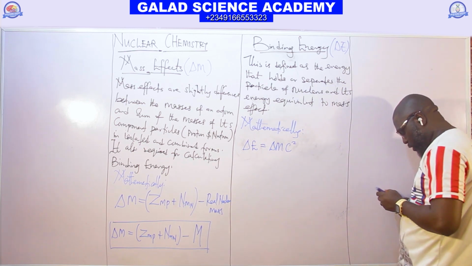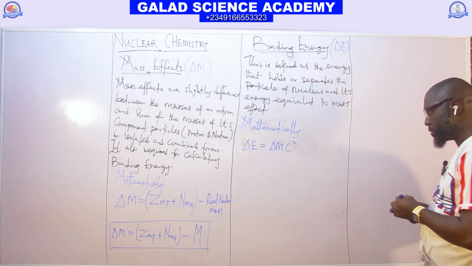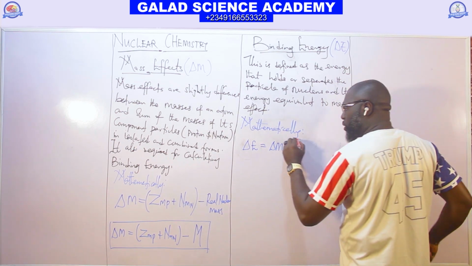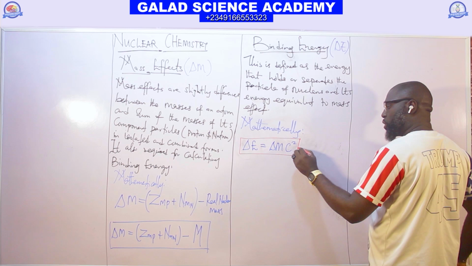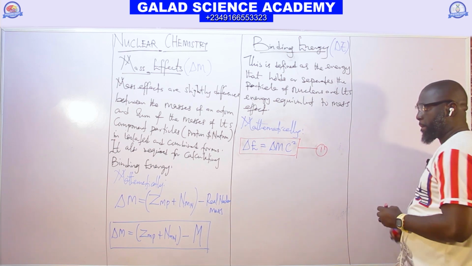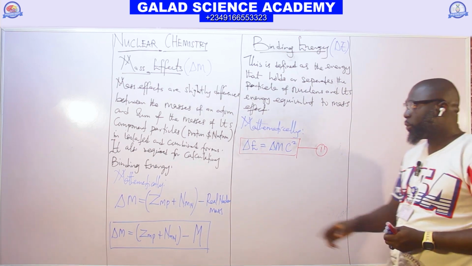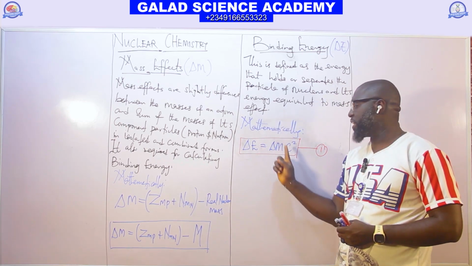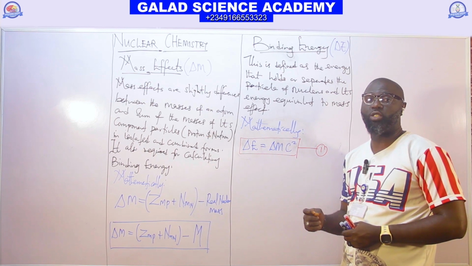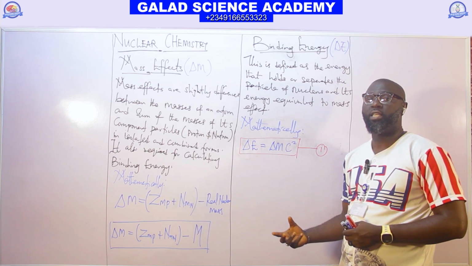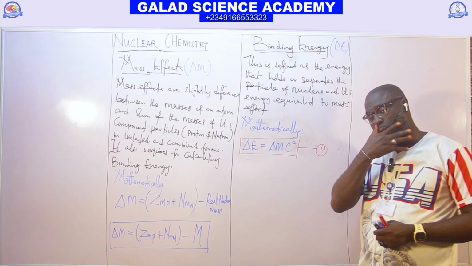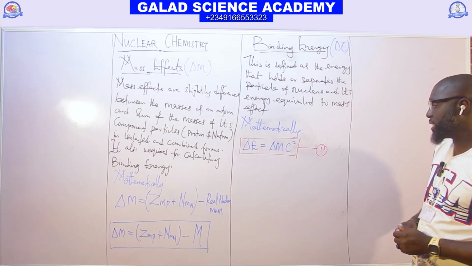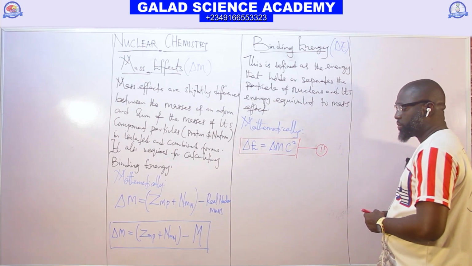You can call this equation 1, where ΔE is the binding energy, ΔM is the mass defect, and c is the speed of light, which is 3 times 10 raised to the power 8 meters per second.